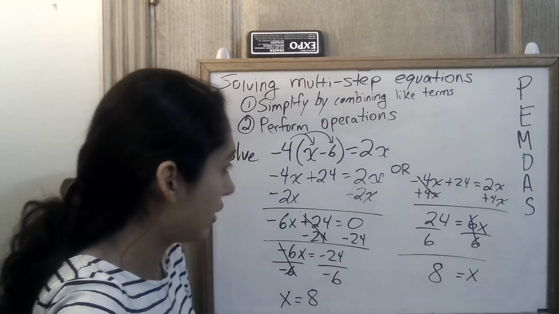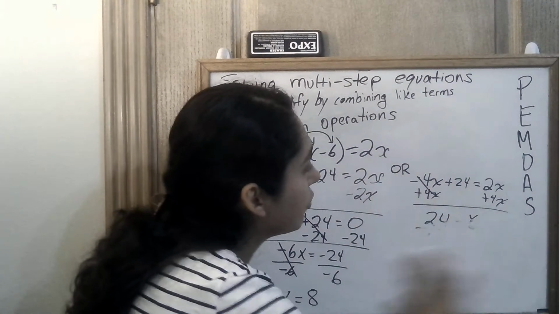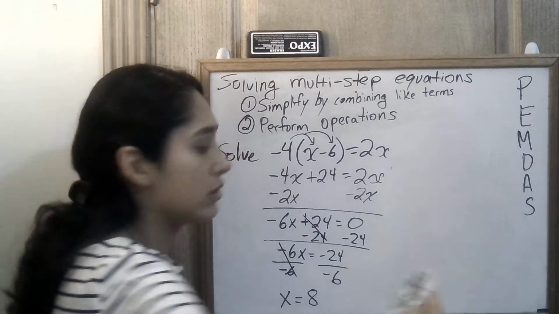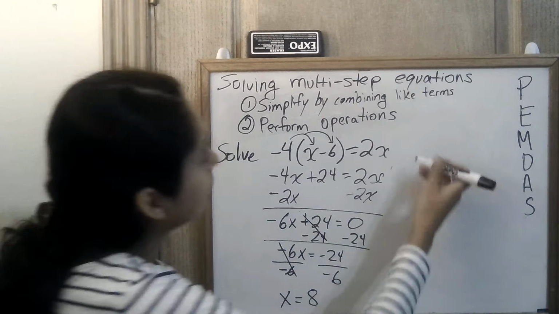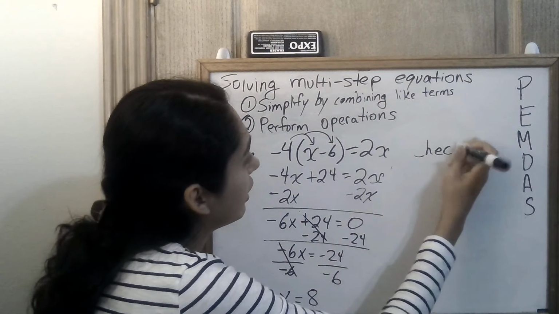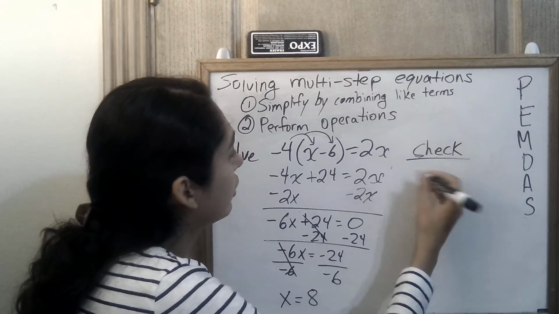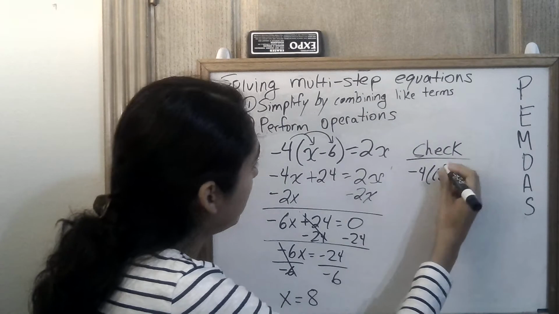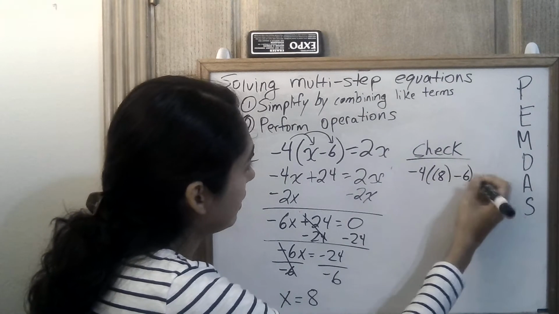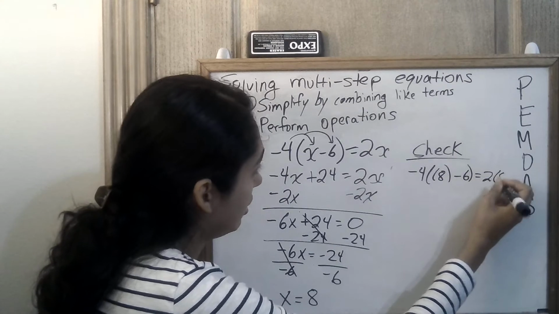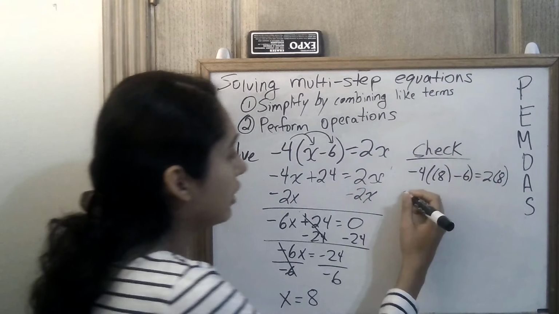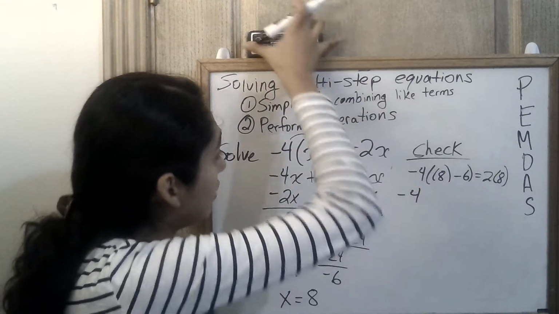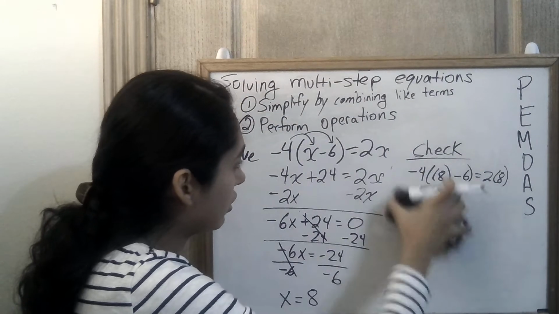Okay. Now, we also have to perform our check. Did all this fancy footwork, we want it to pay off, so we're going to do our check. So negative 4 times 8 minus 6 is equal to 2 times 8. Okay, so I have negative 4 times 8, same thing as negative 24.